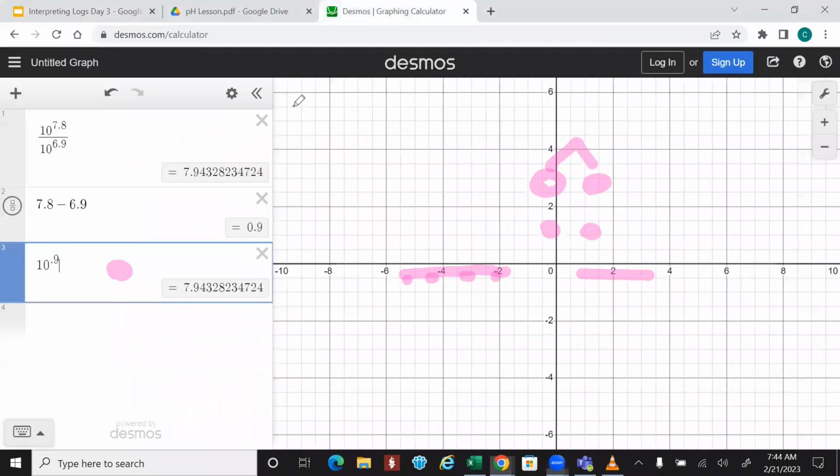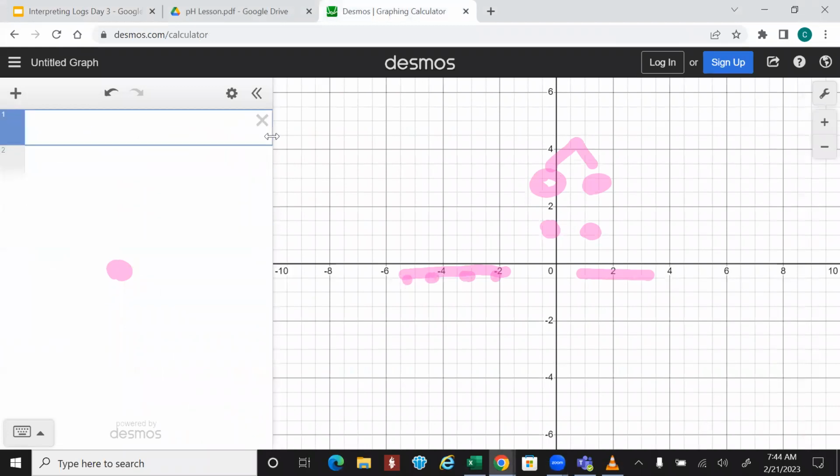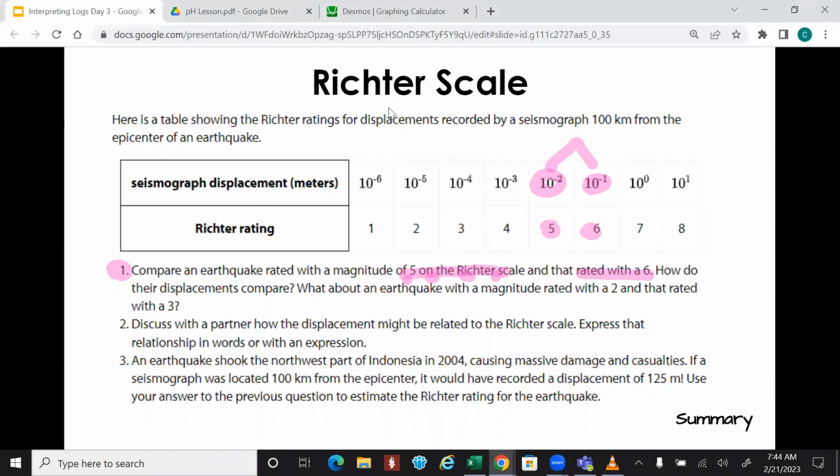If we have a 10 raised to the negative 2 and a 10 raised to the negative first, how much difference is that? 10, right? So a 6 is going to be 10 times the displacement.